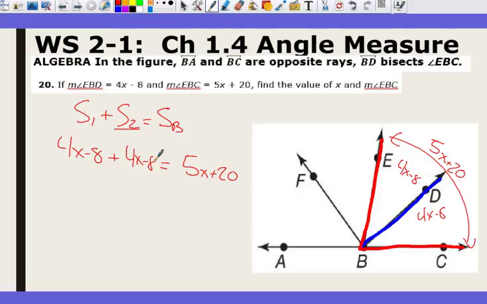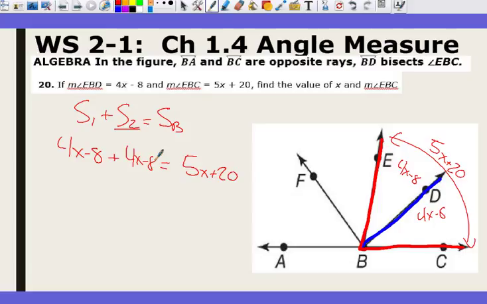Is equal to. So you could say this minus this is equal to this. That would work. You could also say this times 2 is equal to this. You could also say this divided by 2 is equal to one of these. All four of those would work. There's multiple ways to set up the equation.